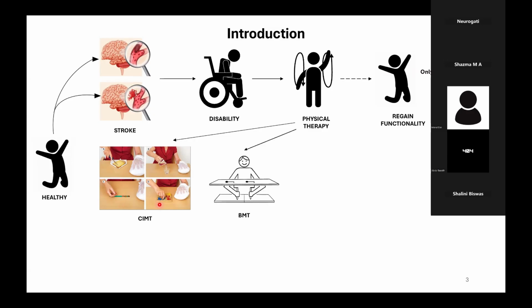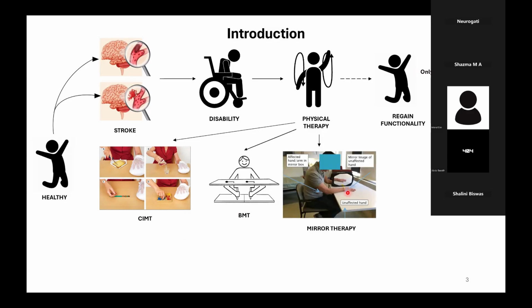Another therapy that is used is the bimanual therapy, where the healthy and the affected arm are both moved in tandem with each other. As you can see, just from the administration, these two therapies are very contradictory in nature. The other most popular therapy is the mirror-based therapy, where the affected arm is placed inside a mirror box and the unaffected arm is placed outside it.